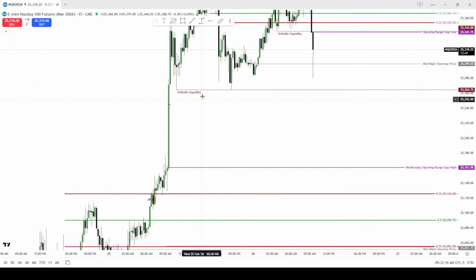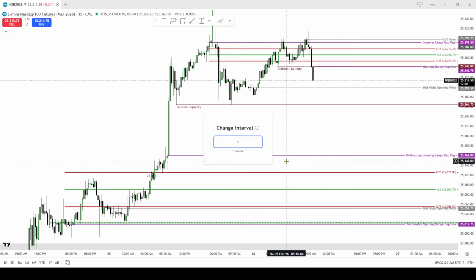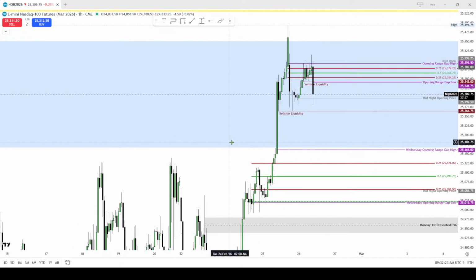So my eyes is at this sell side liquidity resting here, and ultimately at yesterday's opening range gap. Let's see if price can make its way there.